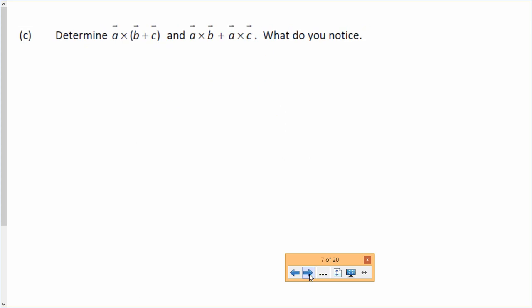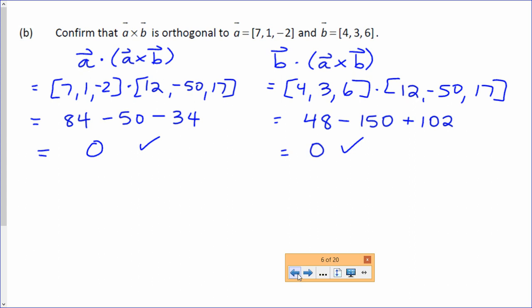Determine vector A crossed with vector B plus C, and vector A cross B plus vector A cross vector C. What do you notice? So we're going to do this numerically and see if we notice a pattern or not. We're going to start with A crossed with vector B plus vector C. So vector A is 7, 1, negative 2.